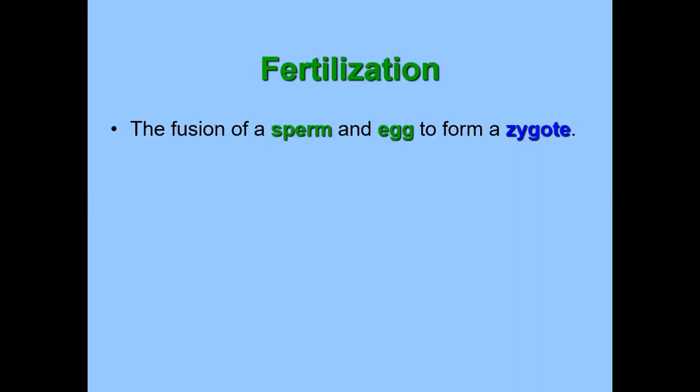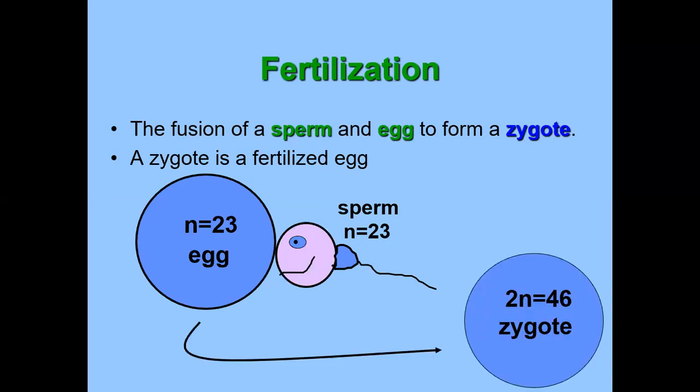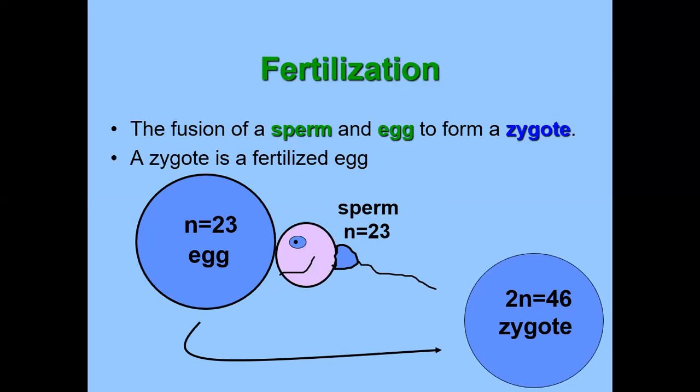Fertilization is the fusion of sperm and egg, and they form a zygote. When they form a zygote, multiple divisions take place in the zygote to form an embryo. After the embryonic phase, gastrulation occurs, in which ectoderm, endoderm, and mesoderm are formed.